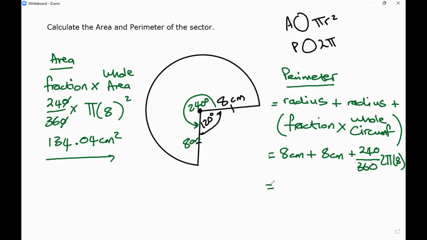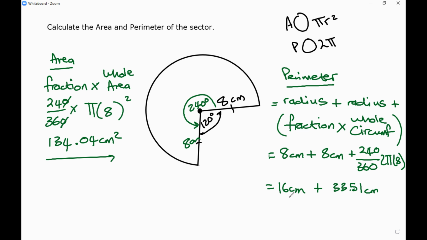And here we go. So we're going to put this on a calculator. 8 plus 8 gets me 16. And then 240 as a fraction of 360 multiplied by 2 times pi times 8 comes to 33.51 centimeters, not squared here.